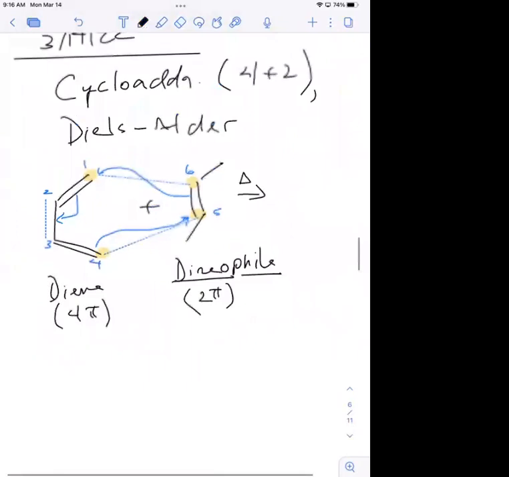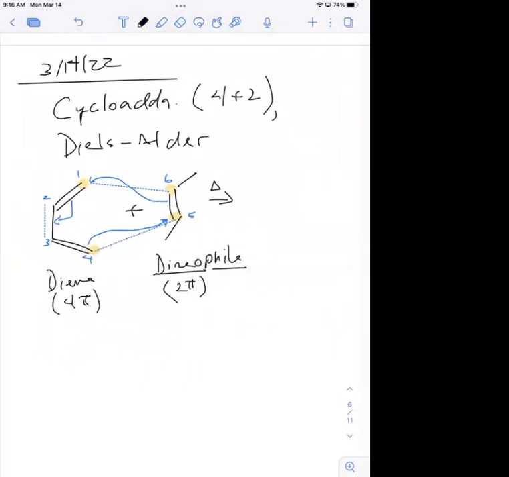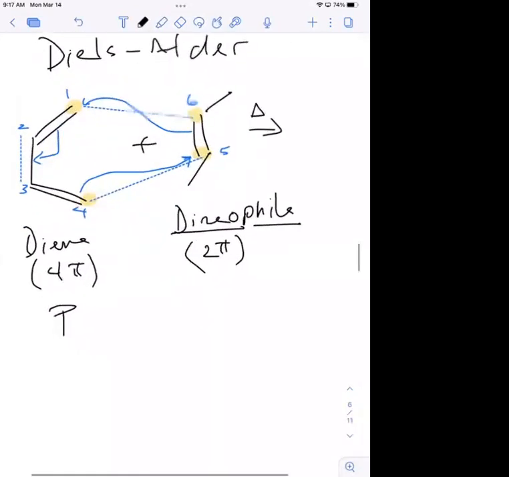So you have your 4-pi system reacting with your 2-pi system, and the arrows are the same. The mechanism is what we call pericyclic. What that means is that the electrons move in a circuit over only specific atoms in the arrangement.